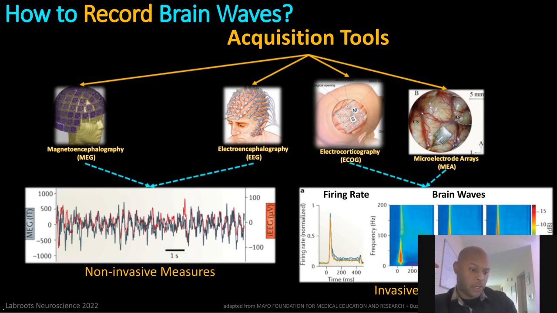Microelectrode arrays read single unit activity at a high density. So they contain hundreds of tiny needles or electrodes that read neurons, single cells. And these electrocorticography grids, the ECoG, read grid-like brainwave activity from the surface of the brain itself. Now, these invasive measures obviously require neurosurgery, right?